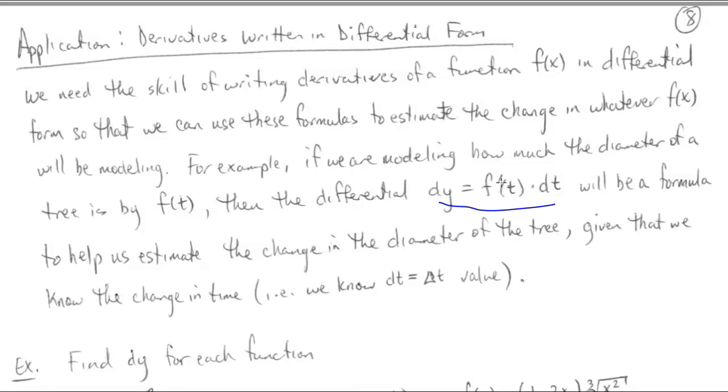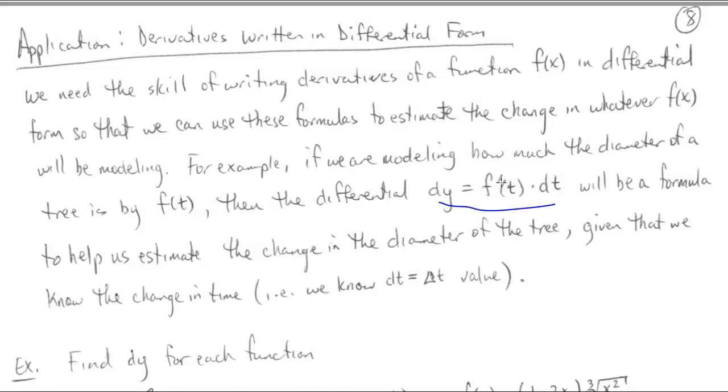Okay, so basically we'll be studying the change in something by knowing the change in something else. That's the main point that I'm trying to get across, and differentials help us to be able to do that.